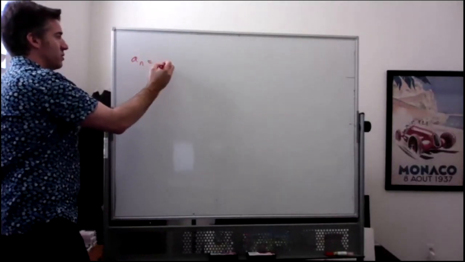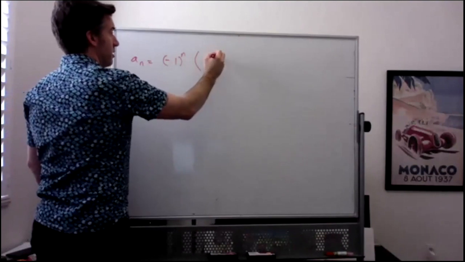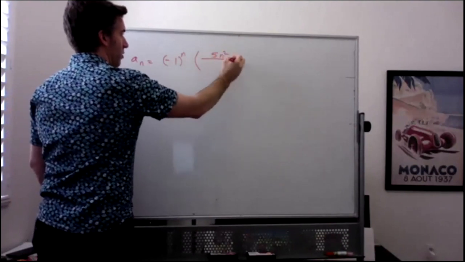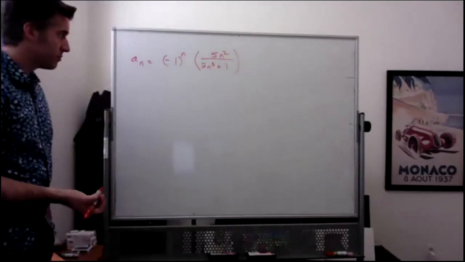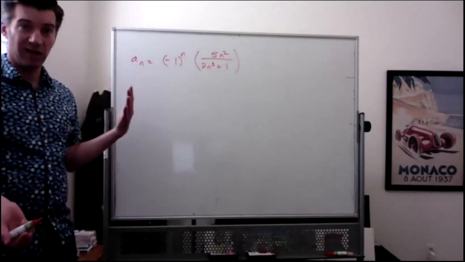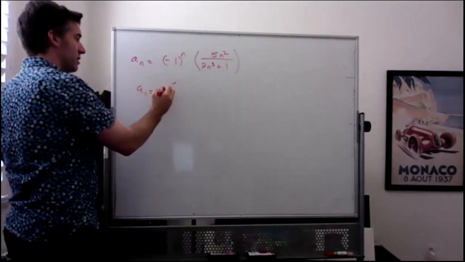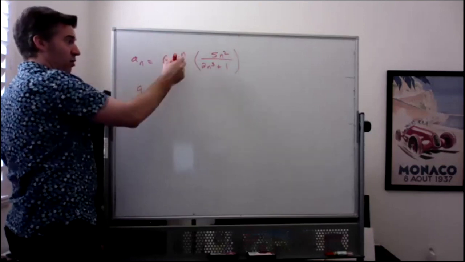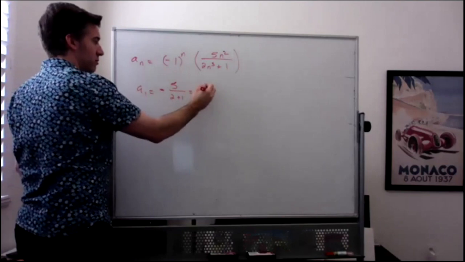What if my sequence was (-1) to the n times 5n squared over 2n cubed plus 1? Well, we know it's going to alternate. My first term is going to be negative, because (-1) to the 1, 5 over 2 plus 1.